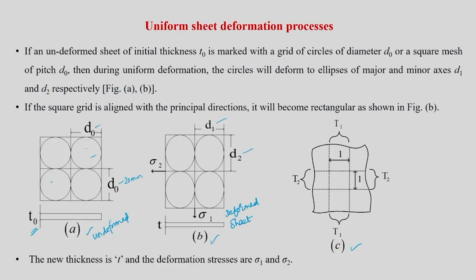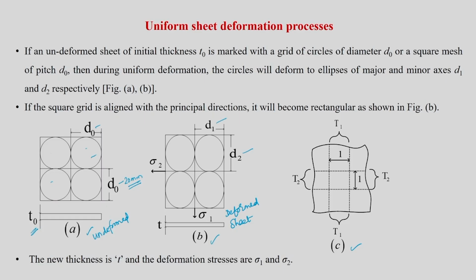The smaller the diameter of these grids, the more you can calculate strains at a very localized region. I have given you a reference, so you can look into different standards on how to do it.